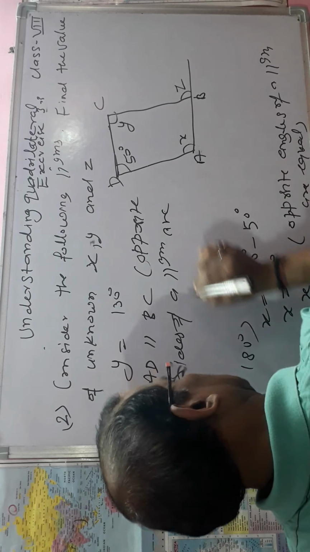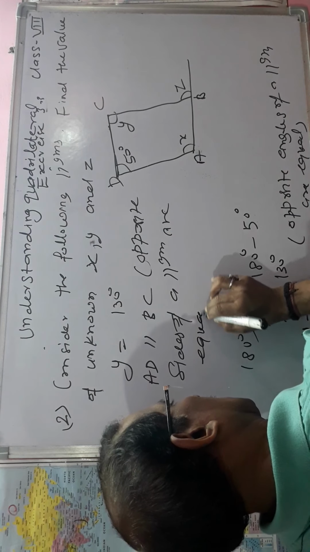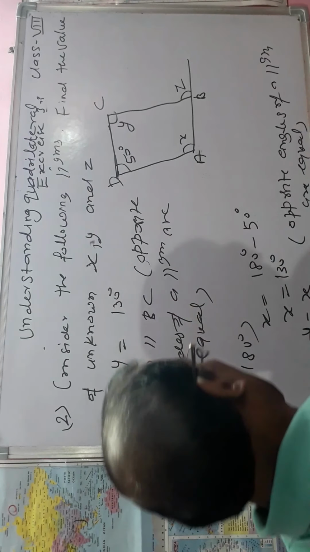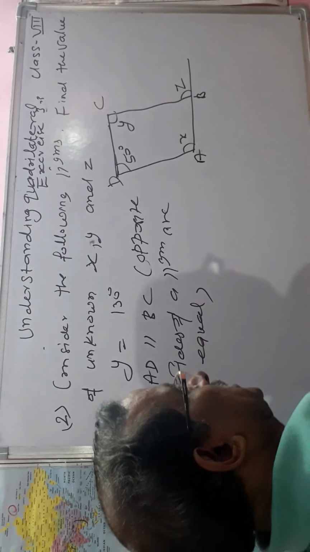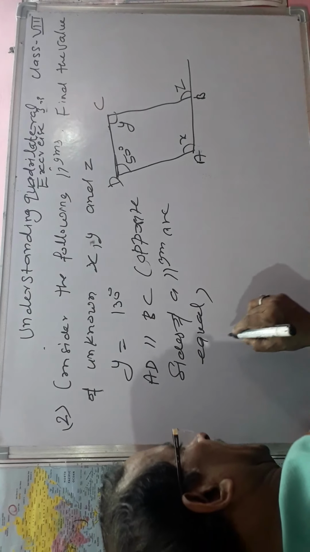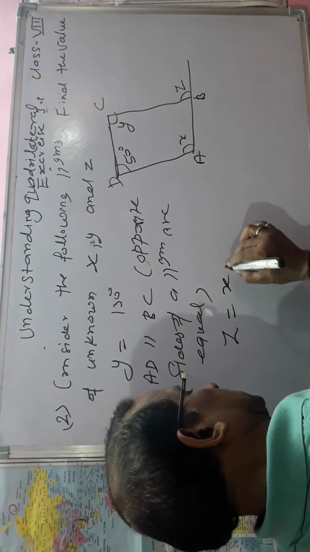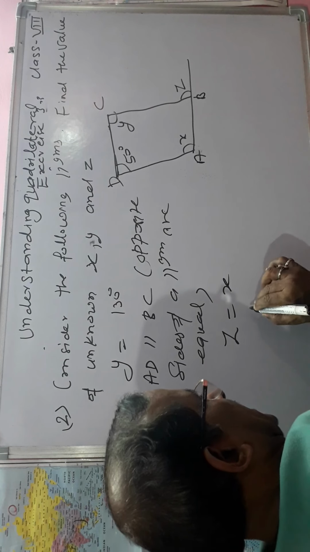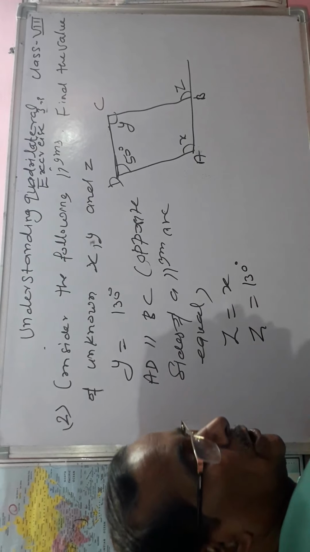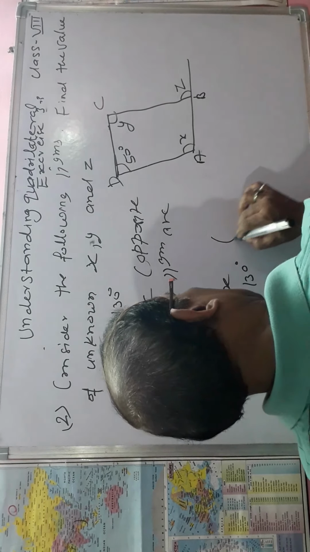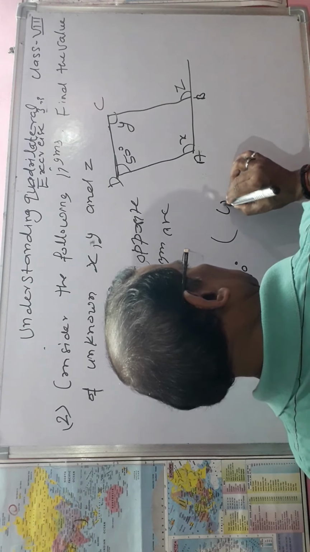Then we can say that angle z is equal to x, because x is equal to 130 degrees, then z is equal to 130 degrees, and these are corresponding angles.